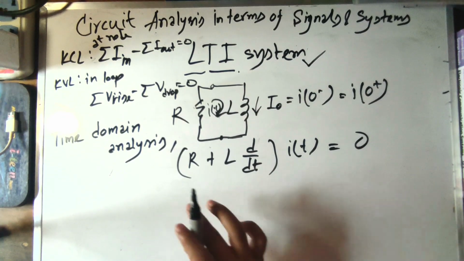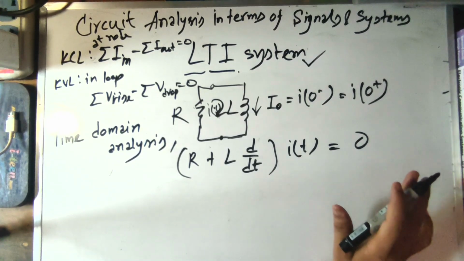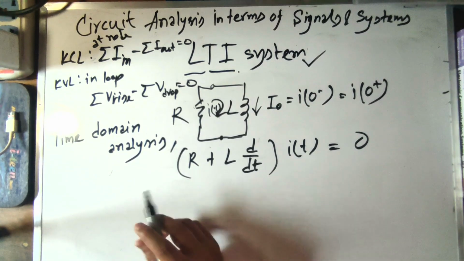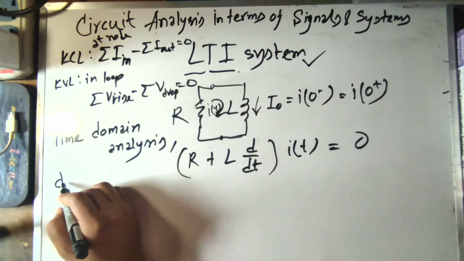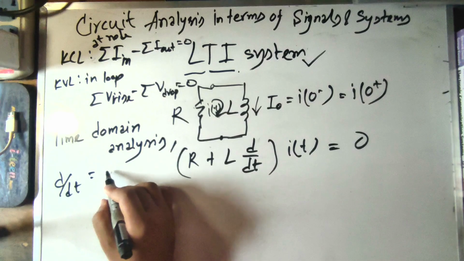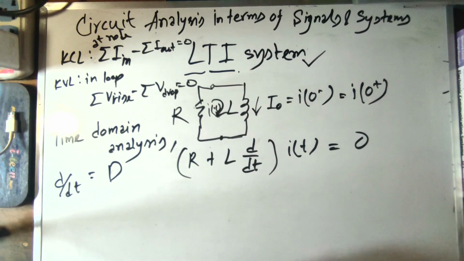This is KVL: VR plus VL equals 0. Now let us assume d/dt equals D, which is called the linear differential operator. We will use this throughout my lectures as a calculating element.